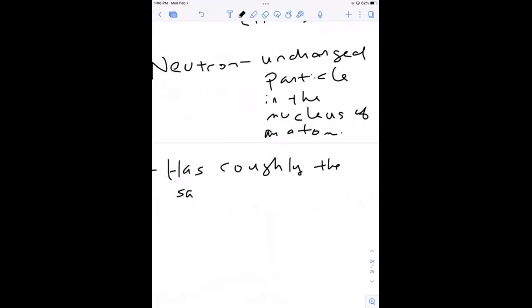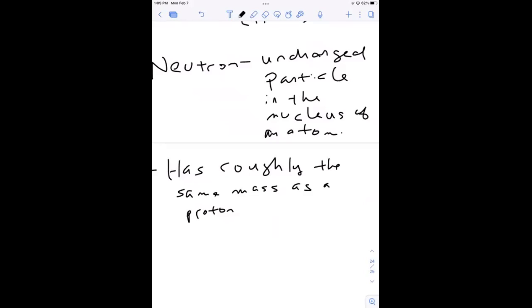So it has the same mass as a proton. So most of your mass in your atom is going to be concentrated in the nucleus, and it's going to be a sum. The atomic mass is literally the sum of protons and neutrons. Electrons, the mass of an electron is so small that it doesn't really have any impact on the overall mass of an atom.